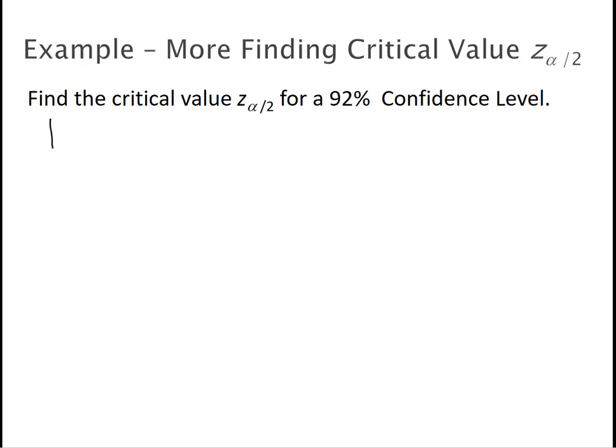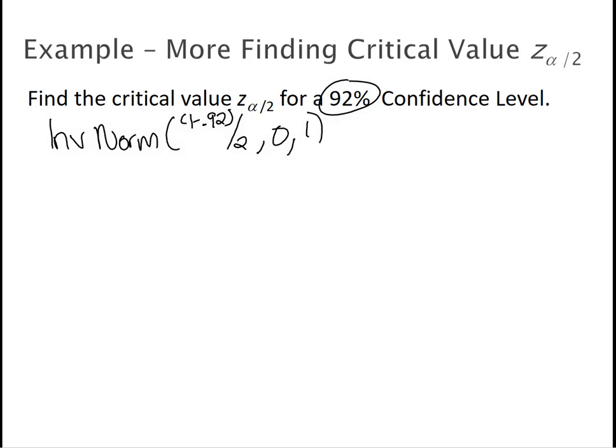Okay, so that is going to be inverse norm, parentheses, and then I'm going to put parentheses around 1 minus my confidence level, which my confidence level is 92%, so that's converted to a decimal, is going to be 1 minus 0.92 over 2, mean of 0, standard deviation of 1. Okay? So we're going to then input this in our calculator.